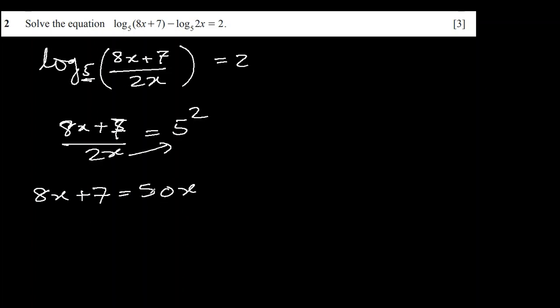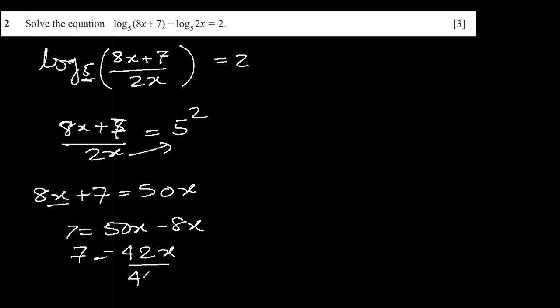Okay, and let's bring 8x to the right side. 7 equal to 50x minus 8x. 42x equal to 7. Divide both sides by 42. Here it cancels. Here also it cancels, but it's 6. So we get x equal to 1 over 6.